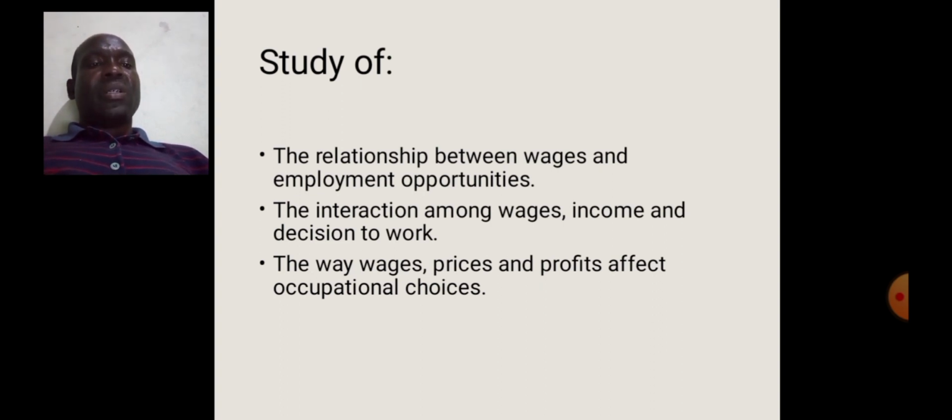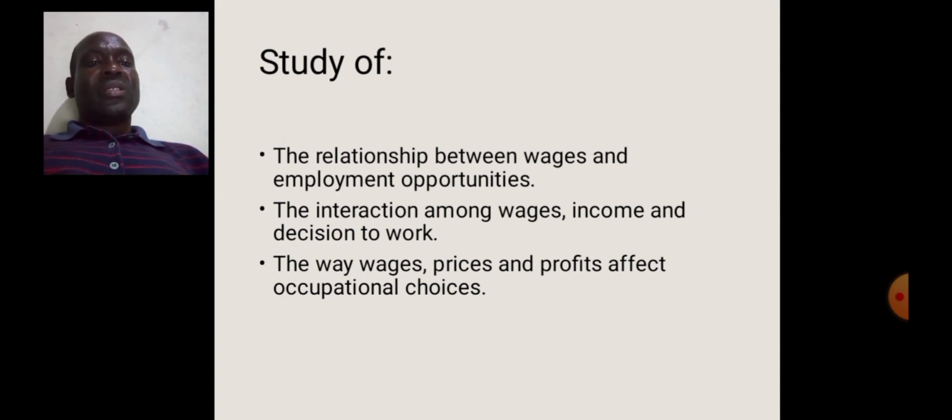I'm sure most of the times when people look for employment, they look at what they're going to get at the end of the day. So the opportunity that presents itself entails that you also need to know something about the wage rate or what you're going to get at the end of the day. Okay? So it will study the interaction that is among wages, income, and the decision to work.